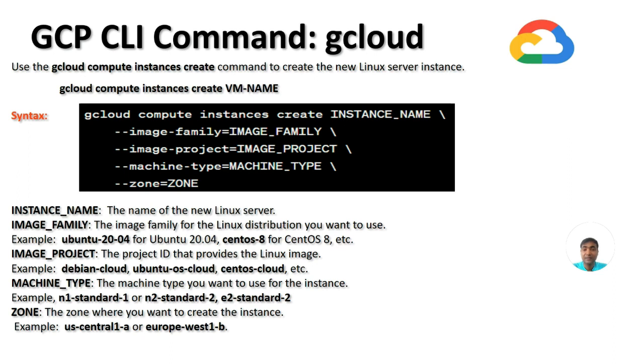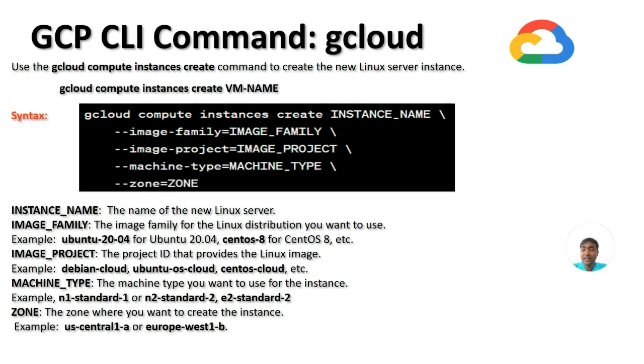You can add the image family for the Linux distribution like Debian 9, Debian 11, Ubuntu, CentOS, Red Hat Linux. You can also add the image project ID, which is very important to create a new virtual machine for your respective project.